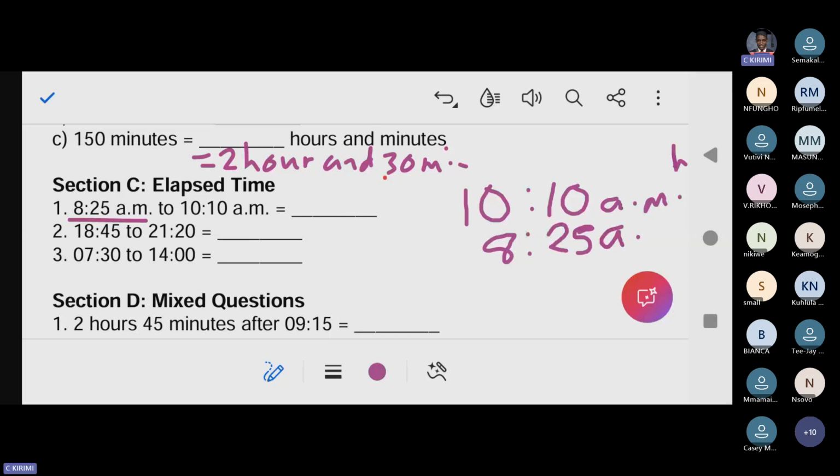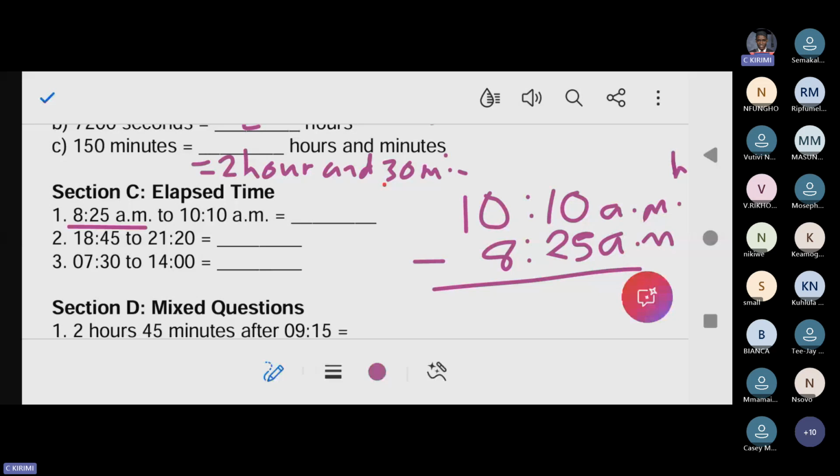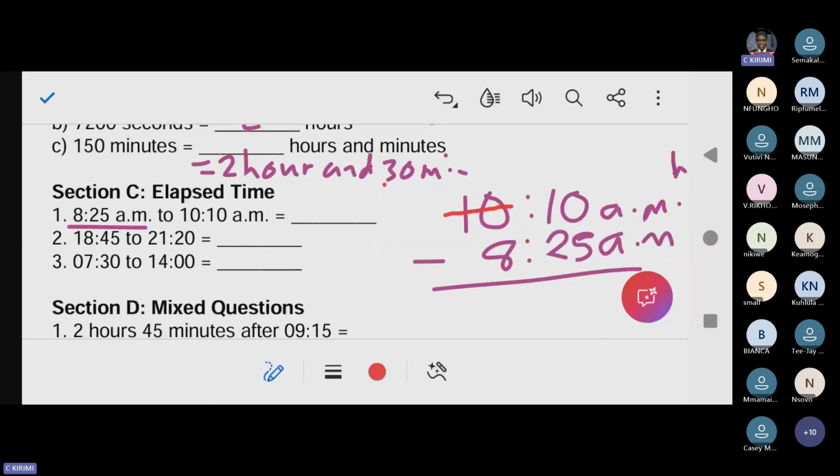So by subtracting, you must indicate the sign. Like we indicated in class, that 10 cannot subtract 25 minutes. So which means we take an hour from 10 hours. So this becomes 9 hours. So that 1 hour, we are going to add it to the 10 minutes. 1 hour is 60 minutes. 60 plus 10, it gives us 70 minutes. So this is our new time that we are using now.